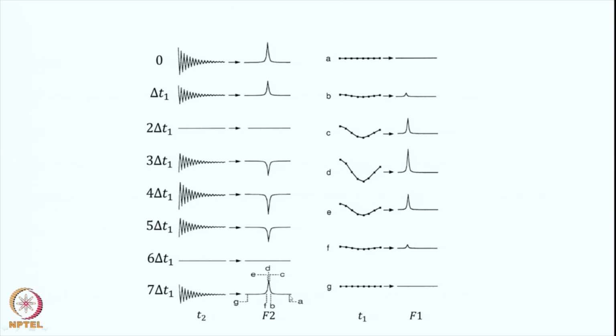Now this is frequency A, and this is frequency B, then you have frequency C, D, E, they are all here, then you have F, and a point G. You could have chosen any other points also, it does not matter. What is done here is you have chosen 2 points where there is no signal in the frequency spectrum, and you have chosen a few points which are in the signal in this spectrum.